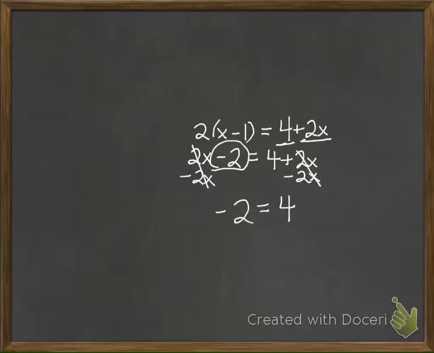No matter what value you pick for x, this is telling you that there is no value for x that will make this statement true. So this is what we call the null set, or the solution set is this symbol right here. And all that means is that there is no solution.